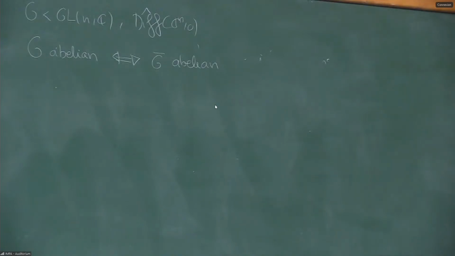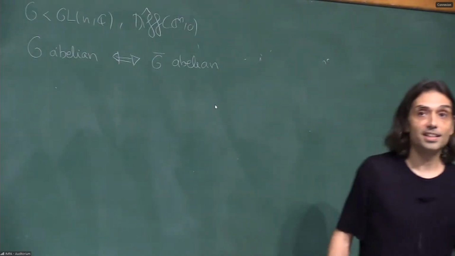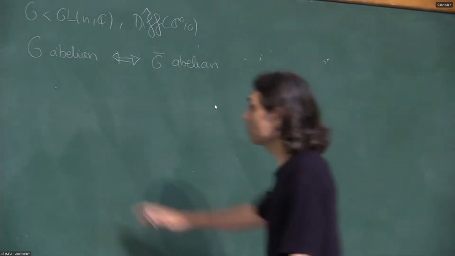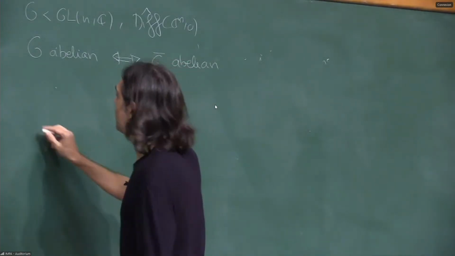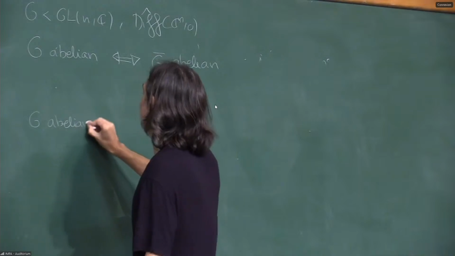And similar properties happen for other properties. You have G is nilpotent if and only if the closure is nilpotent. G is solvable if and only if the closure is solvable. G is metabelian, whatever that is, if and only if the closure of G is metabelian. All these properties work, and it's not difficult to convince yourself that this should happen. For instance, what it means to be abelian. I'm going to give an idea, all right?